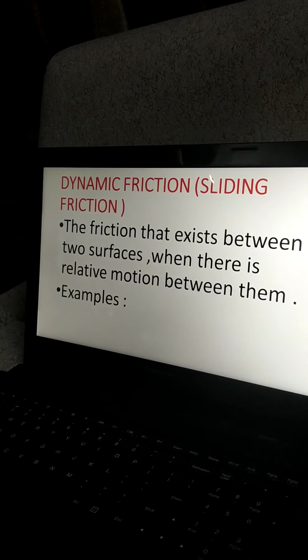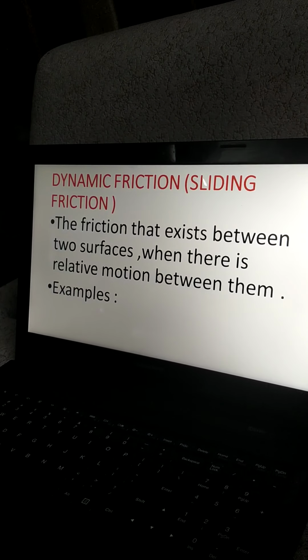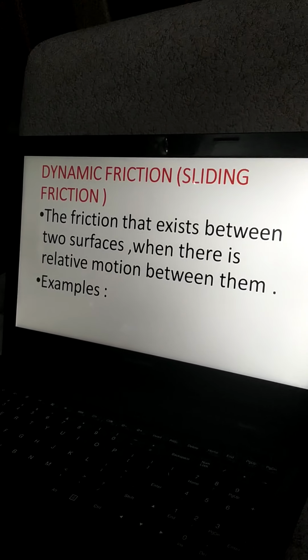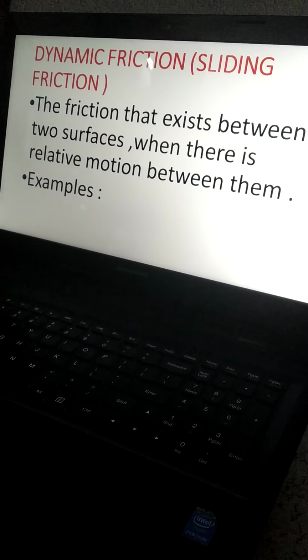And what about dynamic friction? Come on, look there. The friction that exists between two surfaces when there is relative motion between them is dynamic friction.